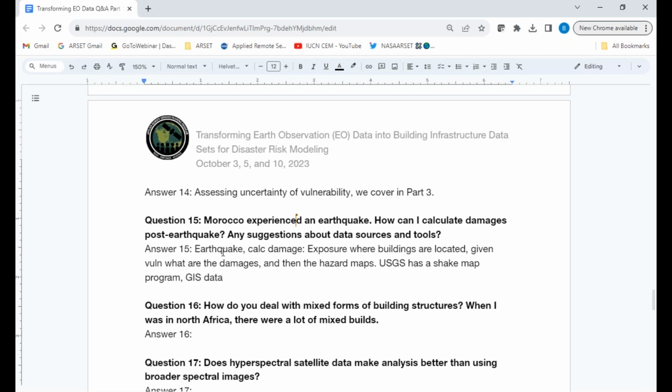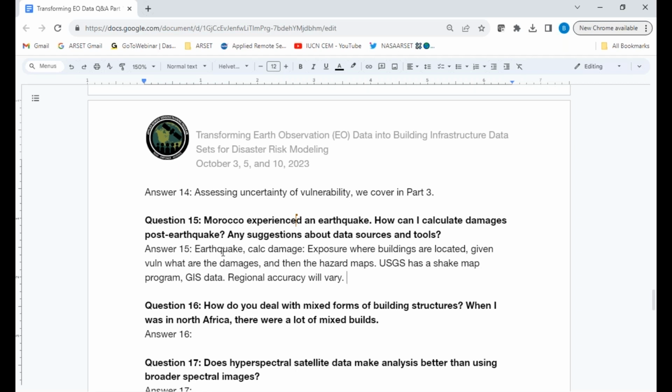But depending on what region of the world it is, sometimes the accuracy needs to be reviewed. So that's one source that you can use. And in terms of analytics tools, there may be some analytics tools that already exist.